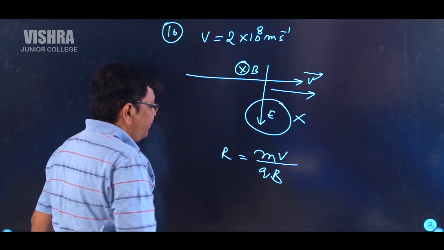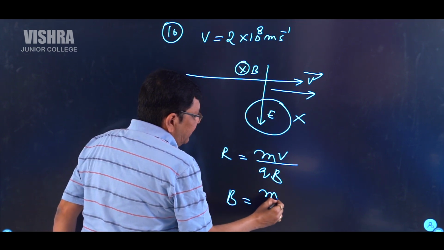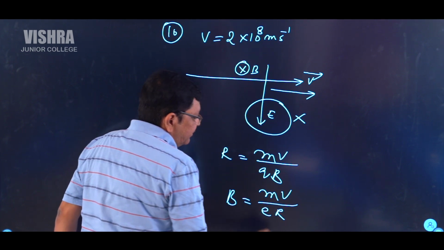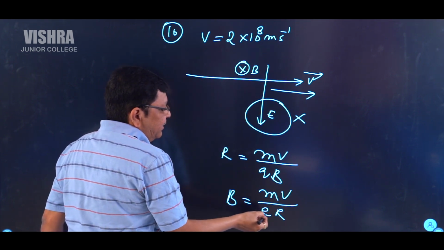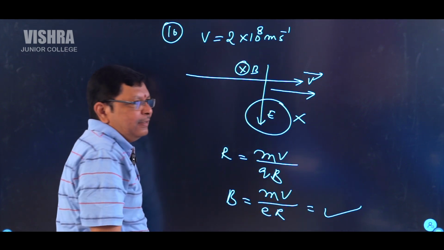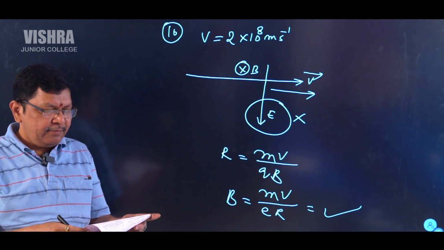He is asking about the magnetic field. So from this expression, the magnetic field is mv over the charge of proton e and radius. He has given mass, velocity, charge of proton and radius. You can substitute the values and easily do the calculation. Let us go to the next one.